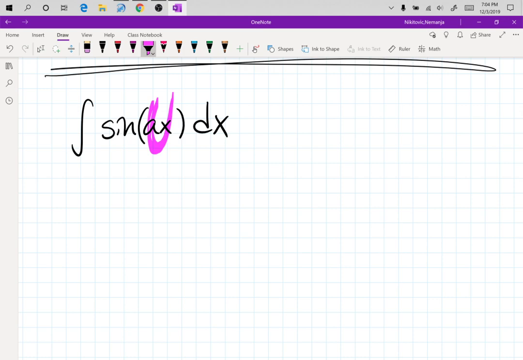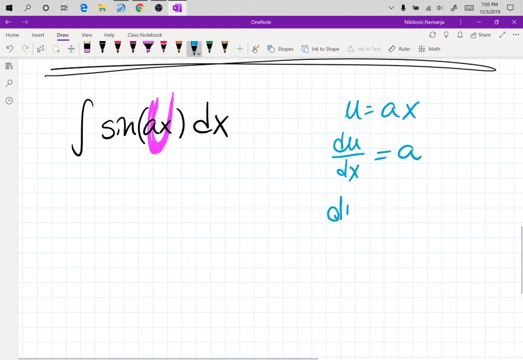And you see what u covers, right? So that's what u is. U is, in this case, ax. Du over dx is just going to be a. And then when I move dx to the other side, I get that du is equal to a dx.